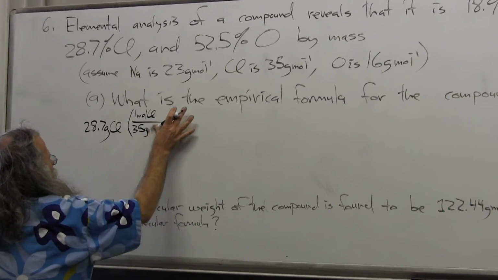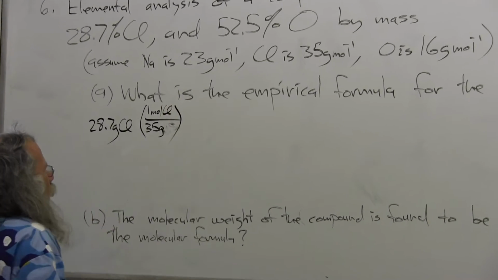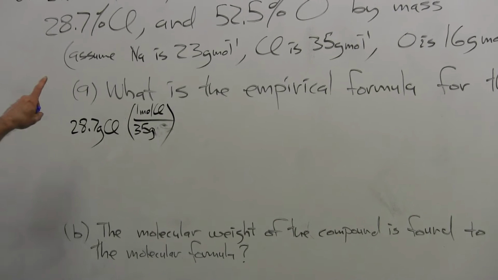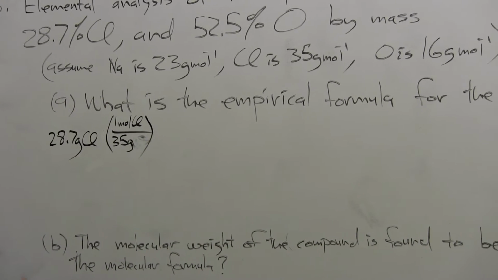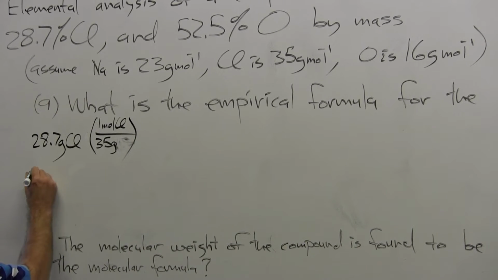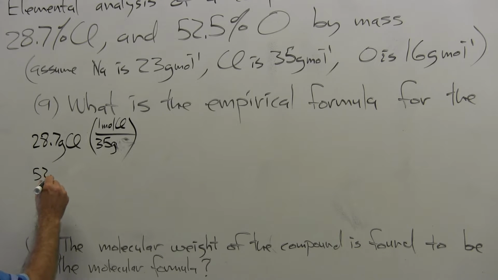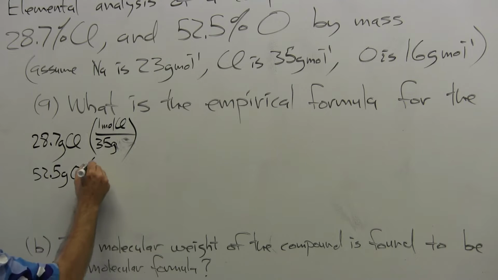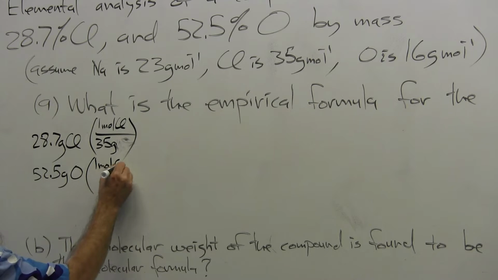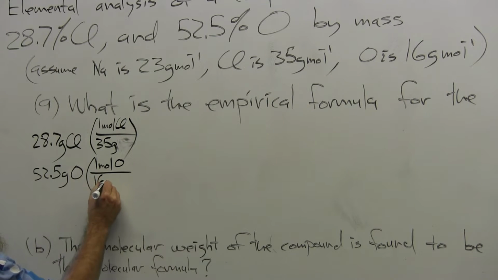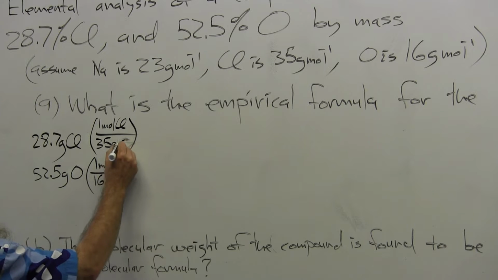I've already got the mole in there. And then oxygen, there is going to be 52.5 grams of oxygen, and there is 1 mole of oxygen for every 16 grams of oxygen.